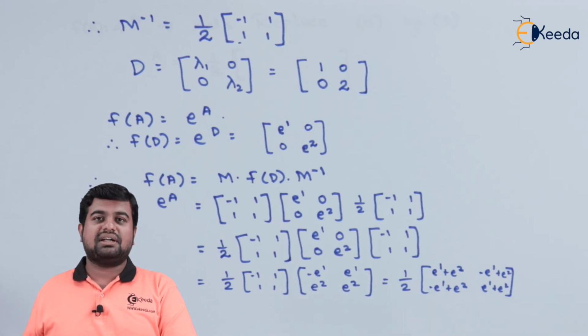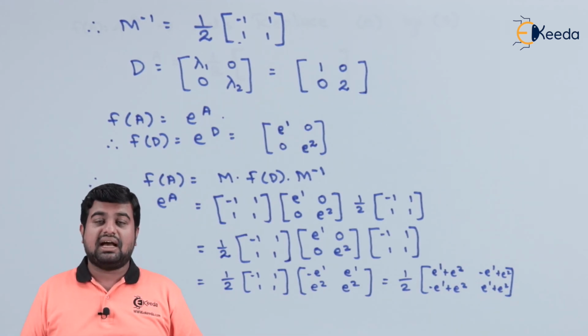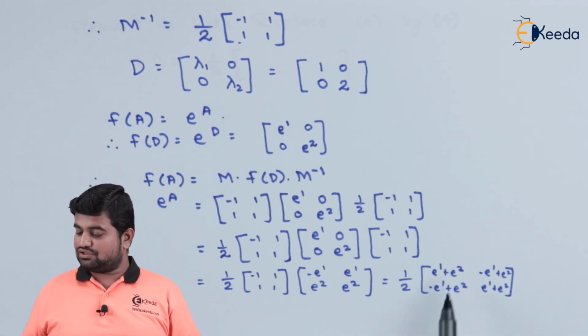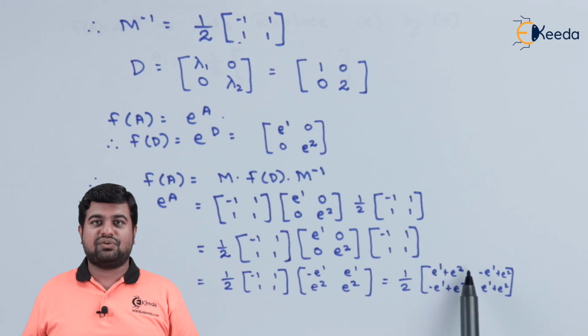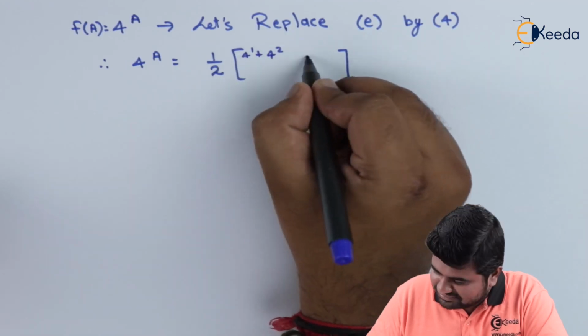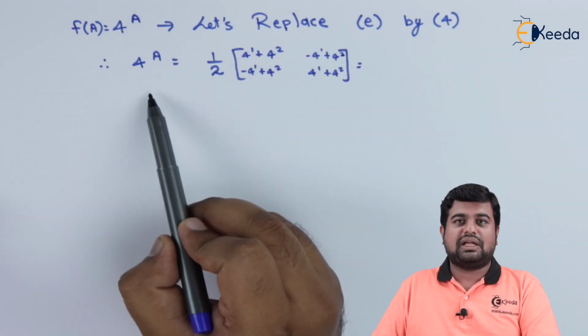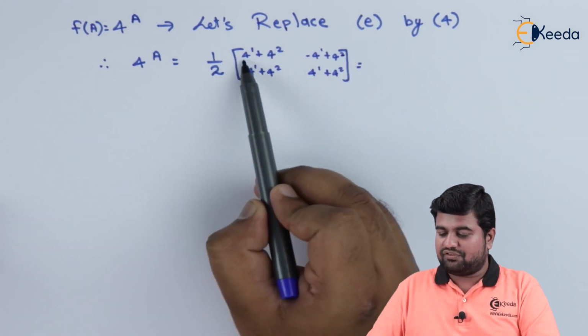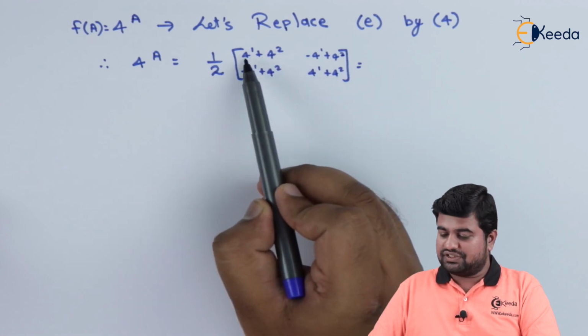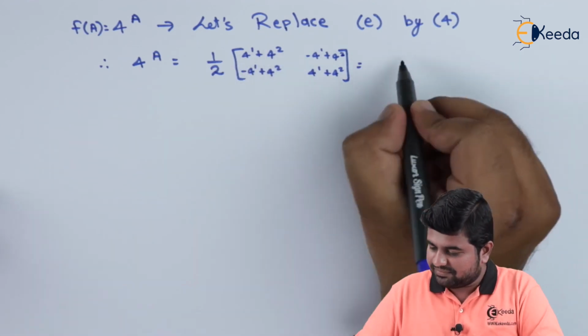In order to calculate what is the value of 4 raised to A, I am going to replace all the e's by 4, and in place of e we'll be having 4 raised to 1, 4 raised to 2, like that. So in order to calculate 4 raised to A, I'm going to have 4 raised to 1 plus 4 raised to 2, which is 4 plus 16 is 20.